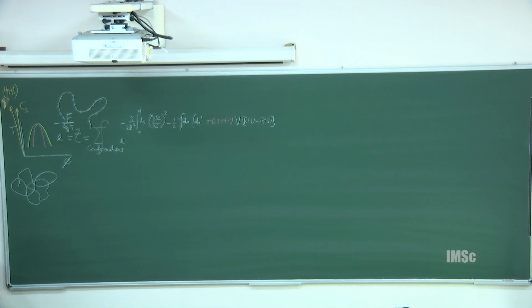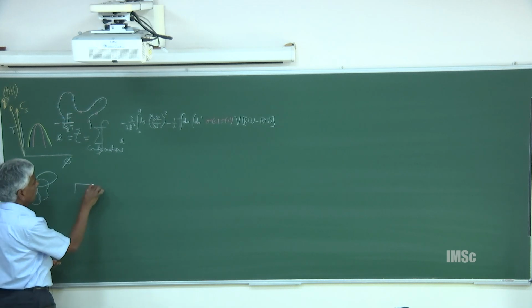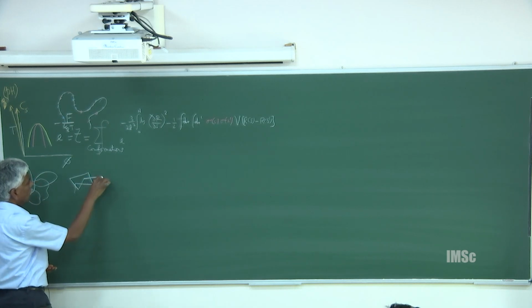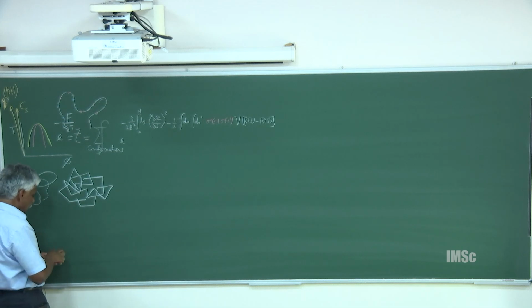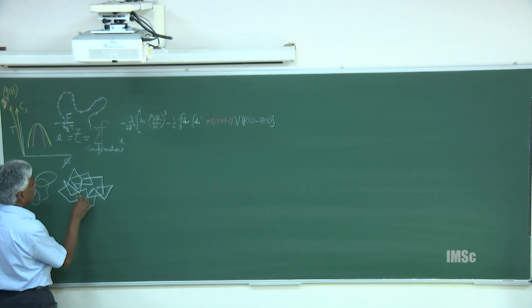Okay, let me take the simplistic case. The simplistic case is a chain of a random walk. If I have a random walk in 3 dimensions, like this, keep going, and we can imagine this to be a chain. I start somewhere here, right?